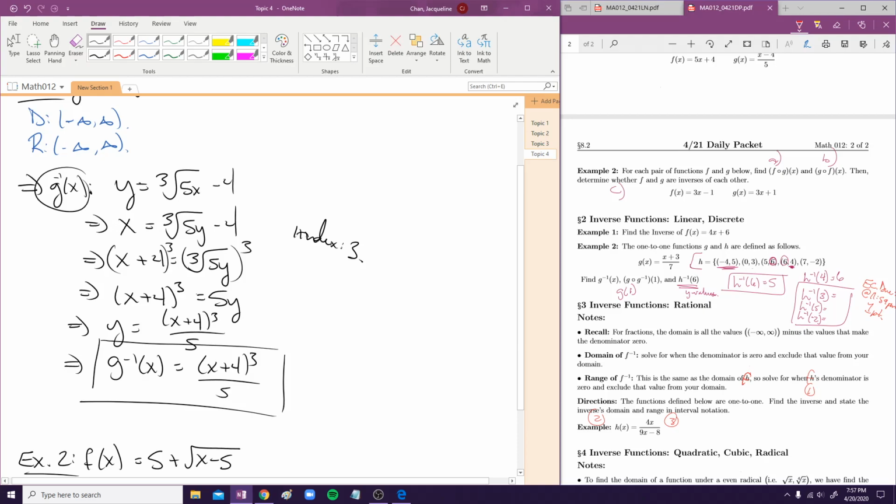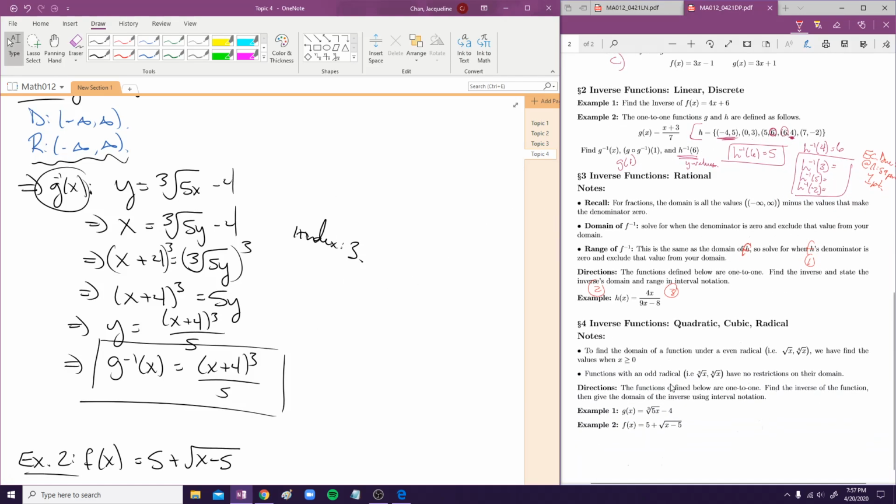So what do we know about g inverse? Its domain is the same as the range of our original g function. So because we want to find the domain, our domain is negative infinity to infinity. Right? So that is how you do the first example.